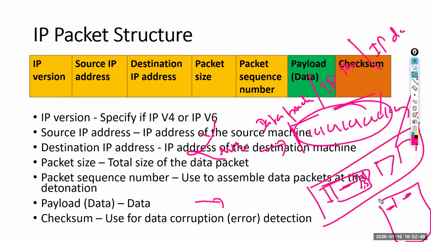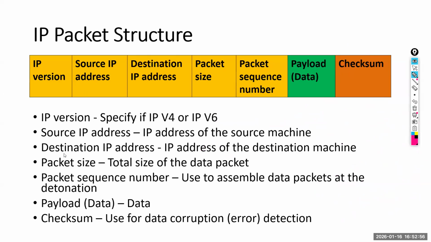But when it comes to the IP packet, because that is a layer 3, network layer concept, this is what the routers are looking at. Routers look at the smallest unit as a data packet or IP packet. So it has source IP address, destination IP address, not the MAC addresses.